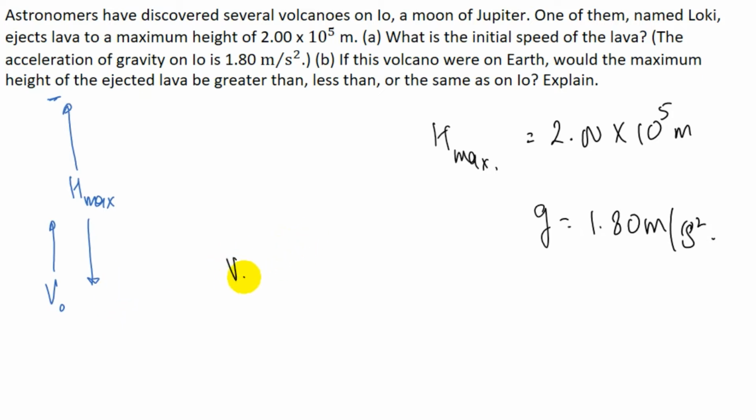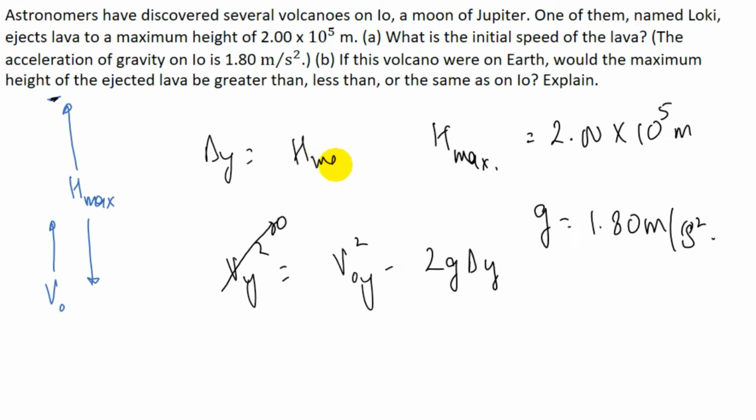So Vy squared equals V0y squared minus 2g delta y. At the highest point, Vy becomes 0, and V0y is the initial speed that we have to find, and delta y in this case will be H max.